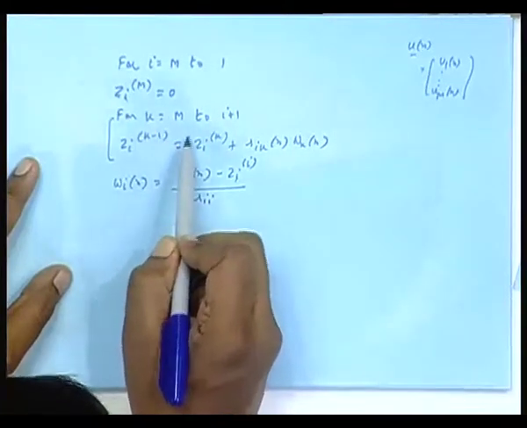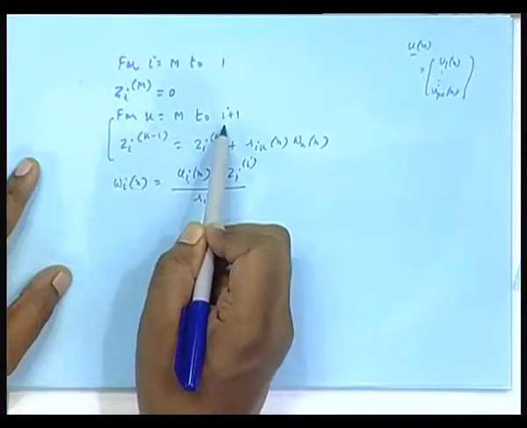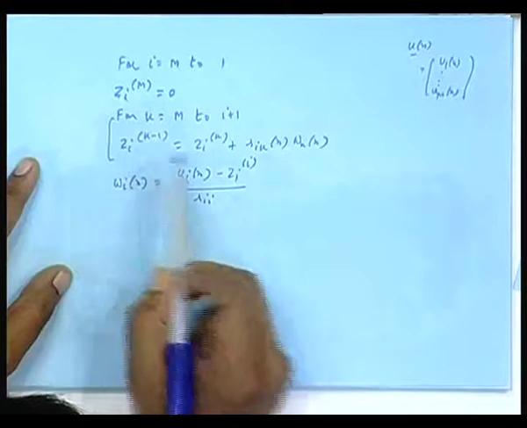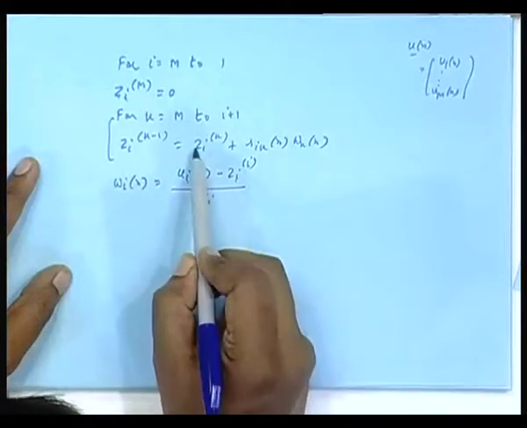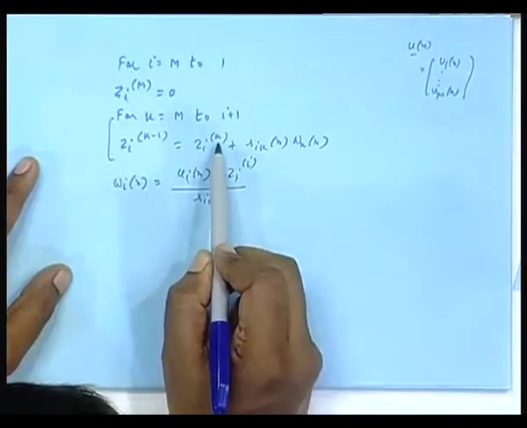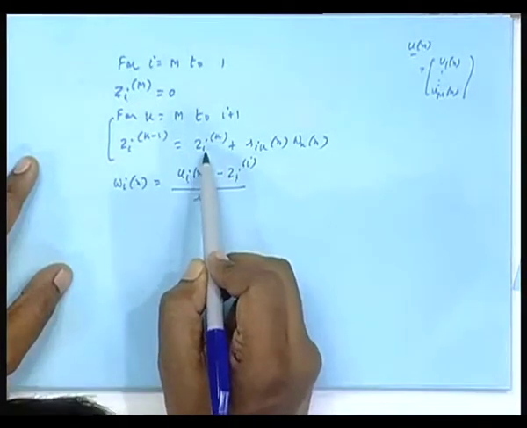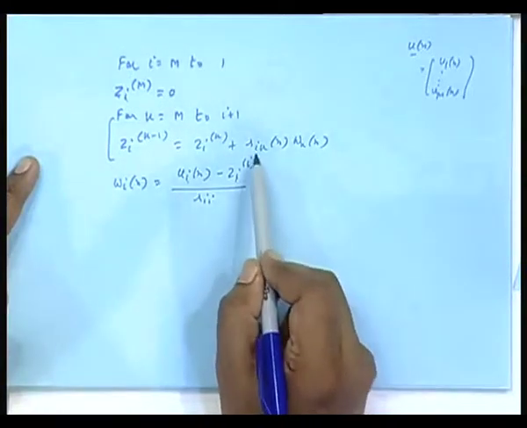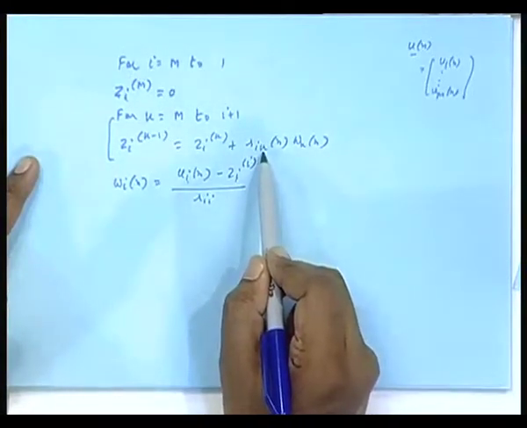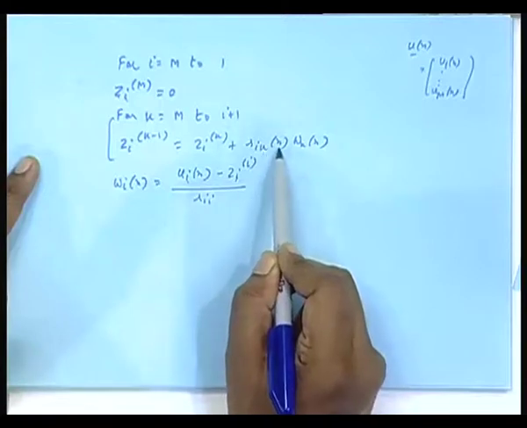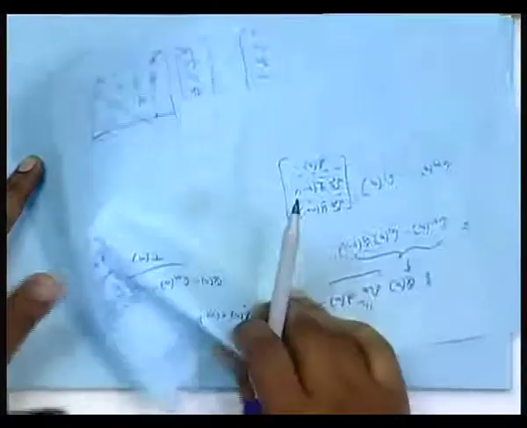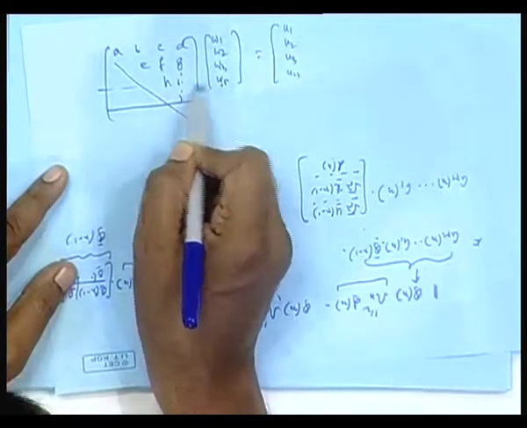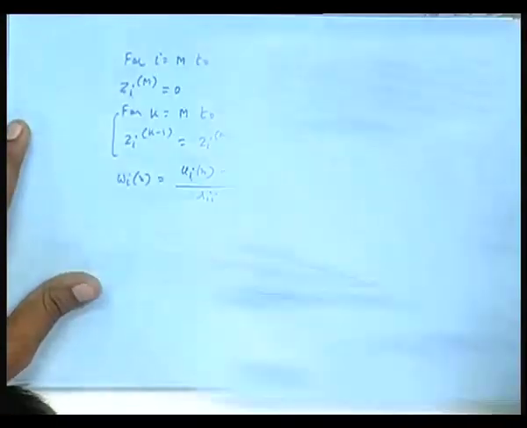Consider k means m to m, so only one loop, and that times Zm minus 1. What is k? M, that is 0, and this is the m minus 1, m n into the new value, this guy, m minus 1th row, mth column, that guy into this, and this is 0.